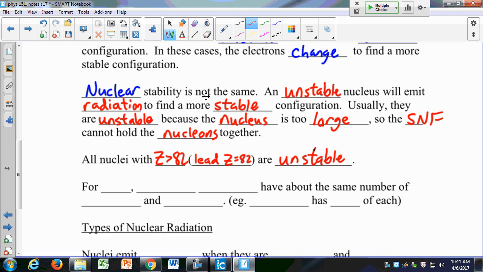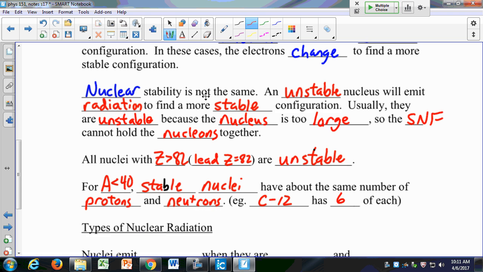And for an atomic mass of less than 40, that means roughly 20 protons, stable nuclei have about the same number of protons and neutrons. So for example, C12, carbon 12, has about 6 of each, that we've seen before.